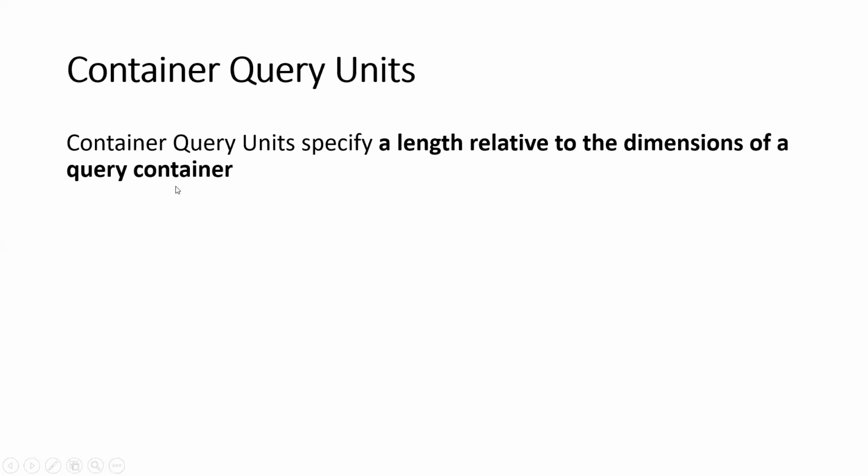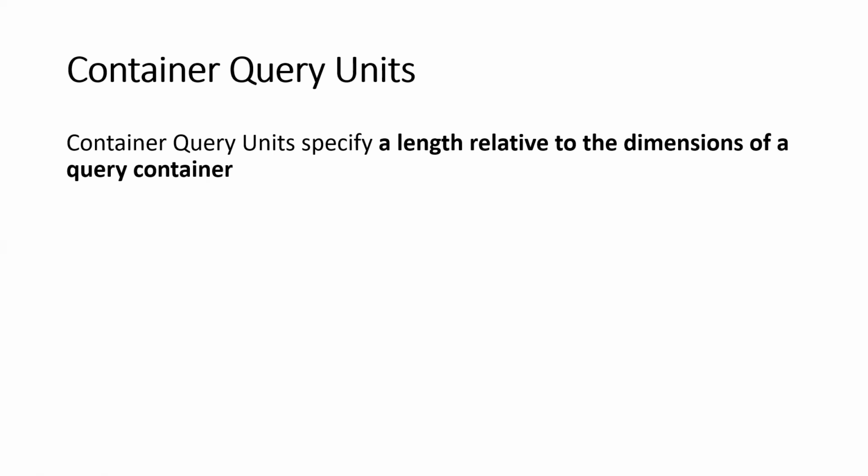Container query units. These are some of the things that you just need to understand. I've talked about the fact that you need to set up the container type, then the different values you can set. Then we're also talking about container query units. Container query units specify a length relative to the dimensions of the query container. Don't forget that we have said you are dealing with a container.